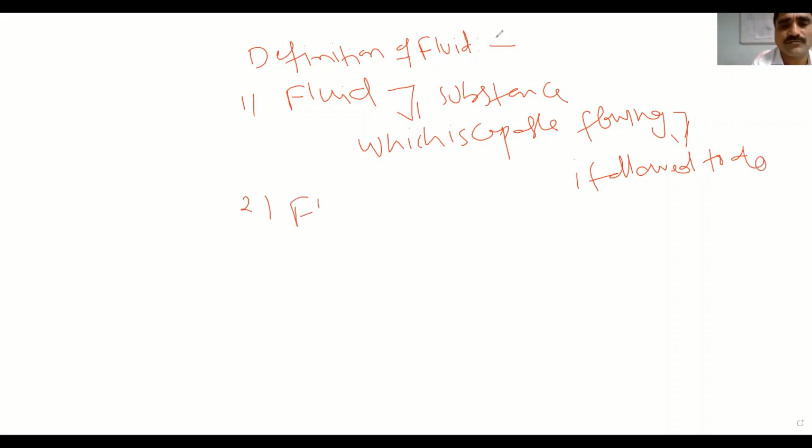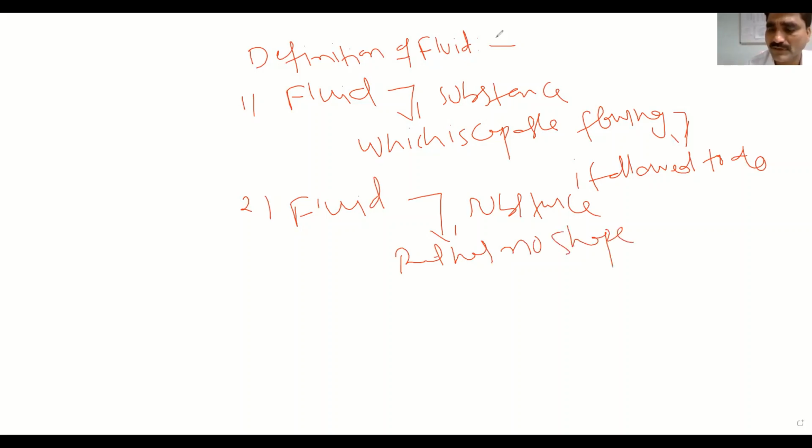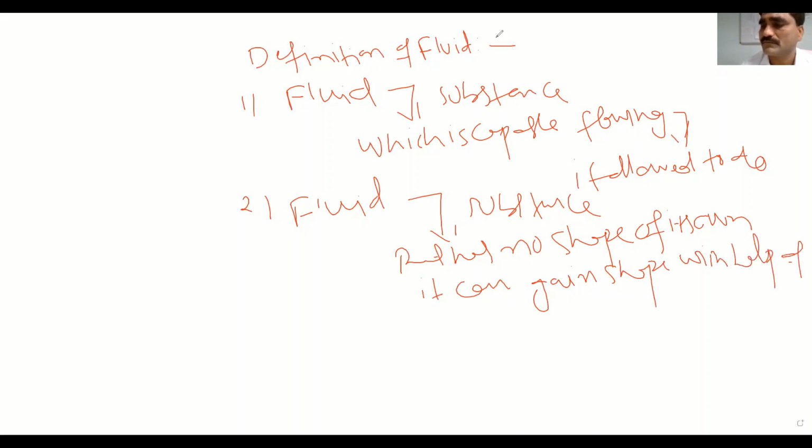Second, fluid is a substance that has no shape of its own. It can gain shape with the help of a container or vessel.